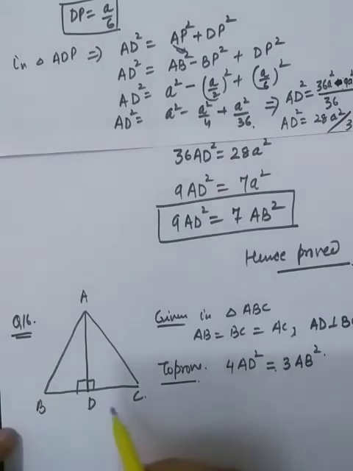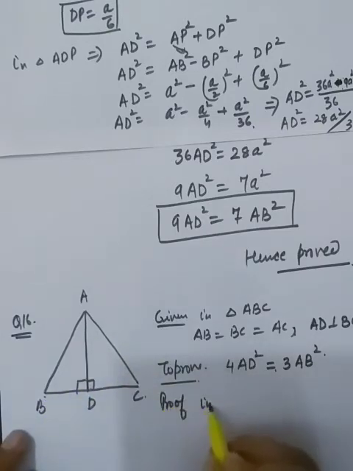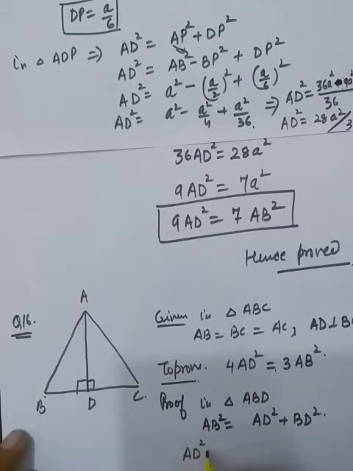So there is a right angle triangle. So in triangle ABD we can write AB square is equal to AD square plus BD square, or we can write AD square is equal to AB square minus BD square.